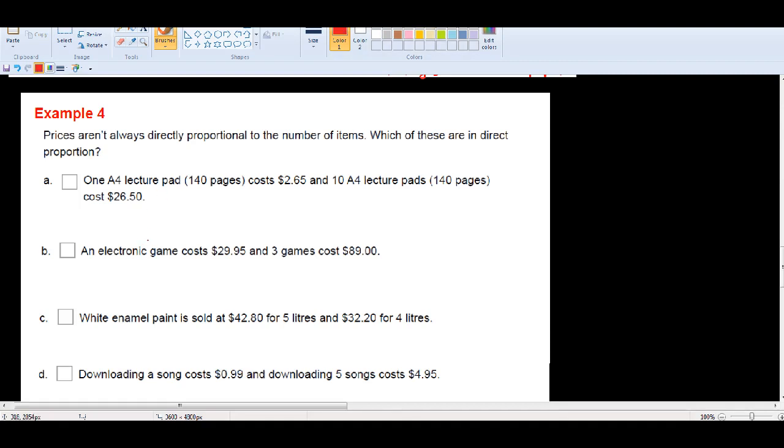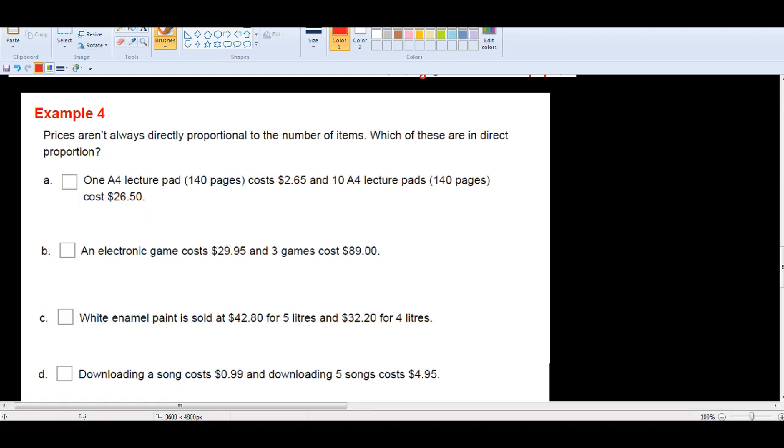One A4 lecture pad costs $2.65, and 10 A4 lecture pads cost $26.50.